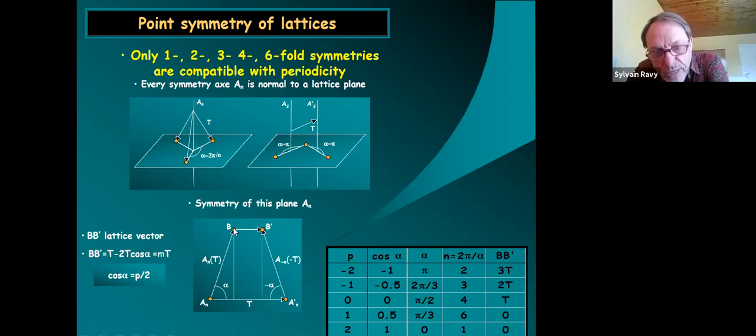And then you get the vector B prime, which should be a multiple of the translation T. And you can easily calculate the length of this B prime, which is given by that formula. And this gives you nice constraints on what is possible. And you wind up with only 5 possibilities.